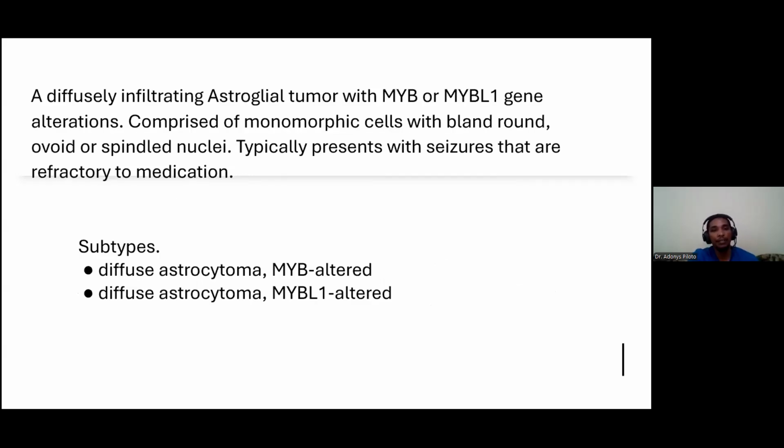This tumor is a diffusely infiltrating astroglial tumor with MYB or MYBL1 gene alteration, comprising monomorphic cells with bland round, ovoid or spindle nuclei, typically presenting with seizures that are refractory to medications. There are two main subtypes: diffuse astrocytoma MYB altered and diffuse astrocytoma MYBL1 altered.